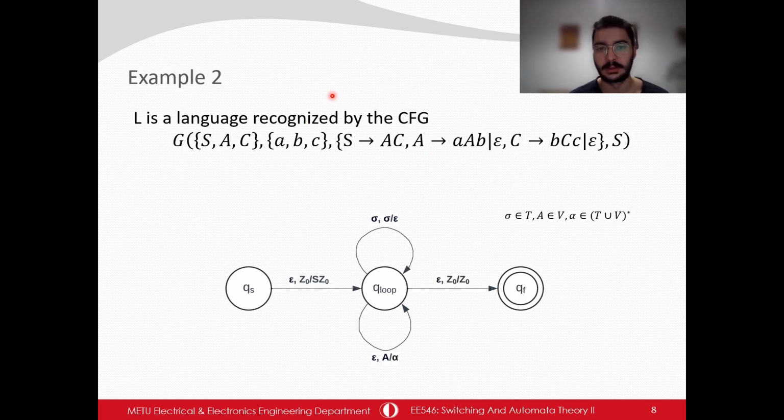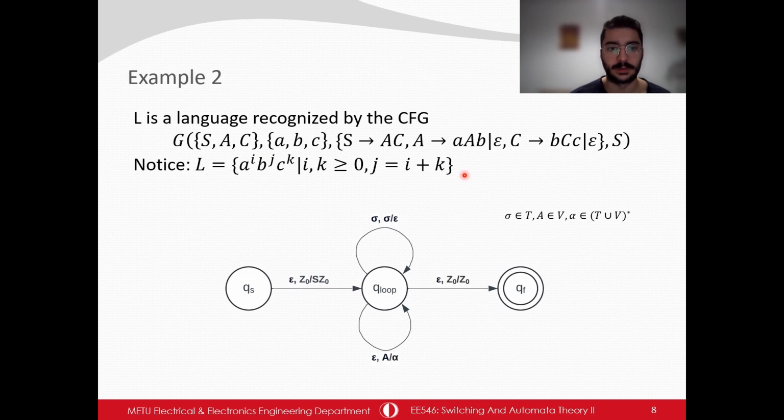Well, this is the language where we have as many B's as A's and C's. So the count of A's and C's combined gives you the count of B's, and they are in this order. A's come first, B's come second, C's come third.